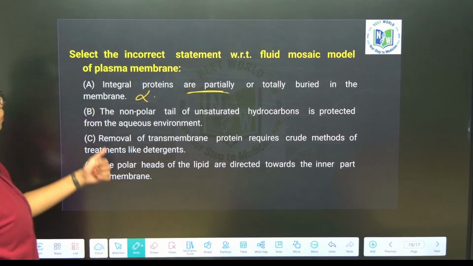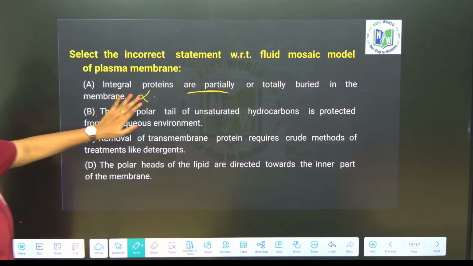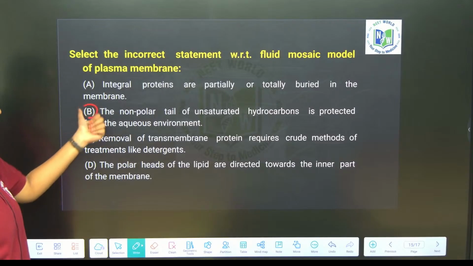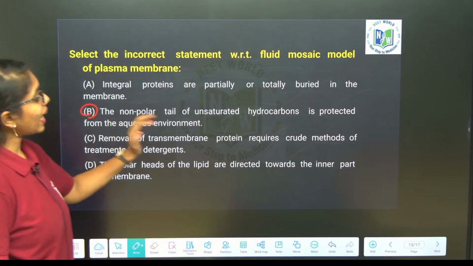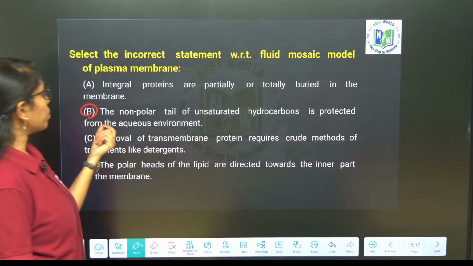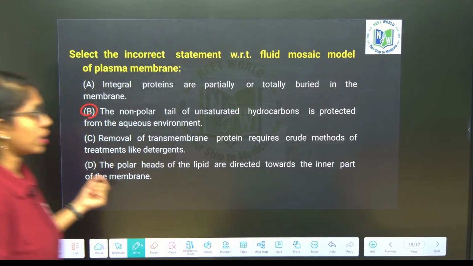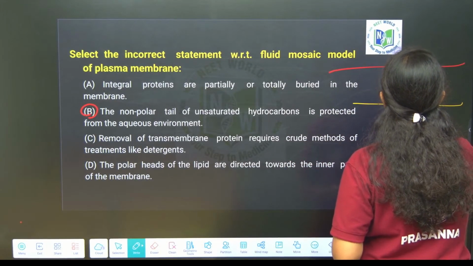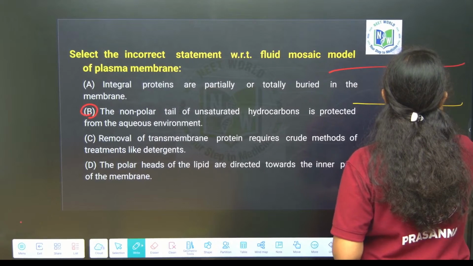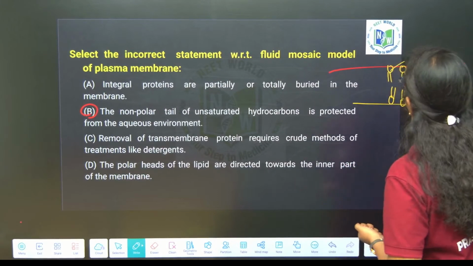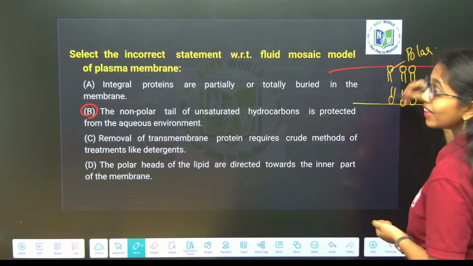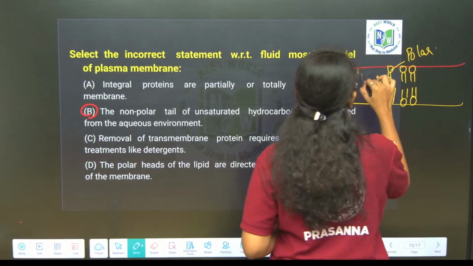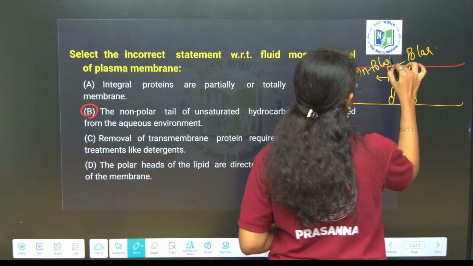Next, let us look into all the statements. Statement B, you look into. The non-polar tail of unsaturated hydrocarbons is protected from the aqueous environment. Of course, if we take the lipid bilayer, here the polar hydrophilic head is on the outer side and the non-polar hydrophobic tail is towards the inner side.